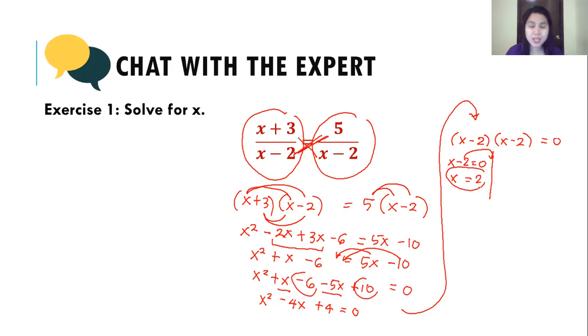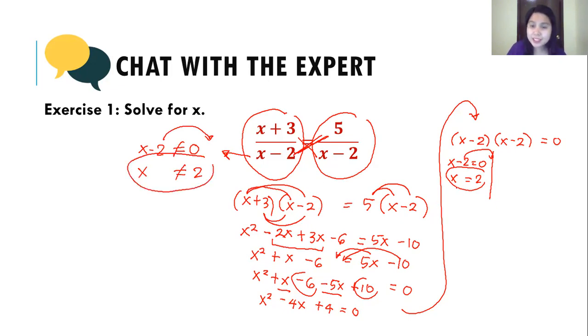But you need to check your answer, because remember, in the rational equations, our denominator should never be equal to 0. If you check your denominator, x minus 2 should never be equal to 0. So x should never be equal to 2.